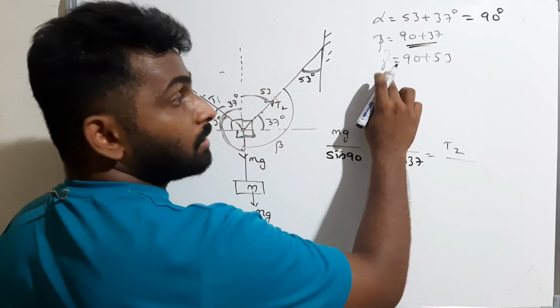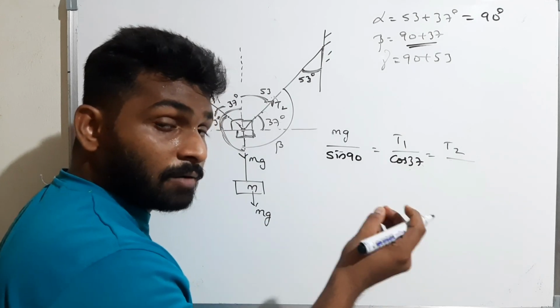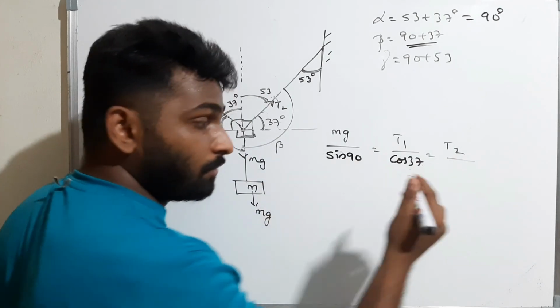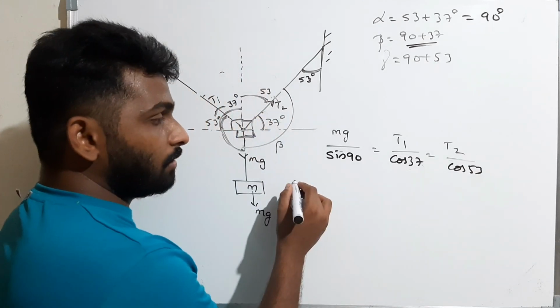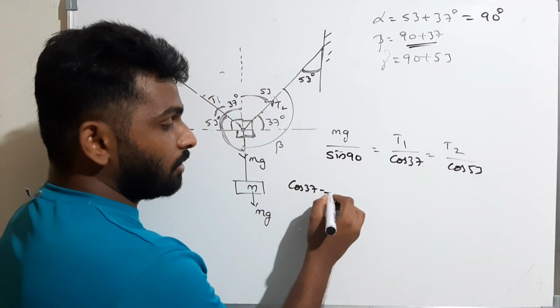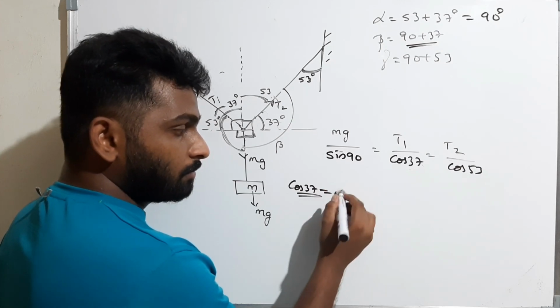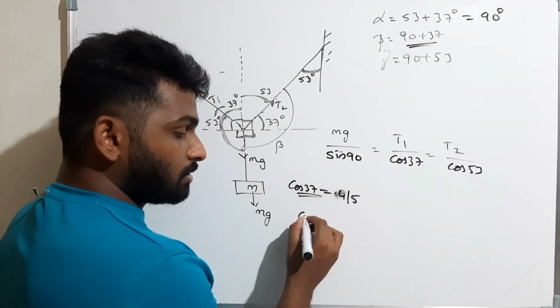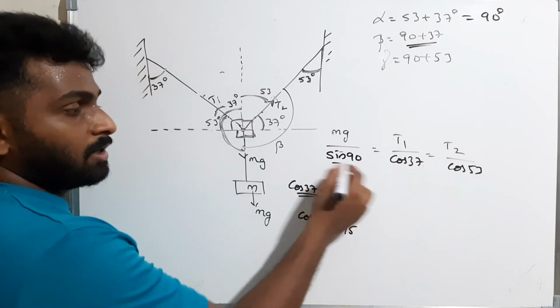Now gamma: sin of 90 plus 53, where 90 is an odd multiple of 90, which means sin will become cos. Therefore cos 53. The value of cos 37 is 4 by 5, and the value of cos 53 is 3 by 5. Now sin 90 is 1.